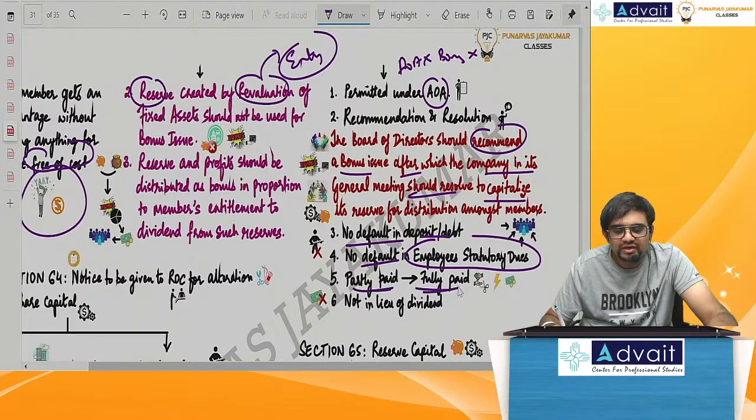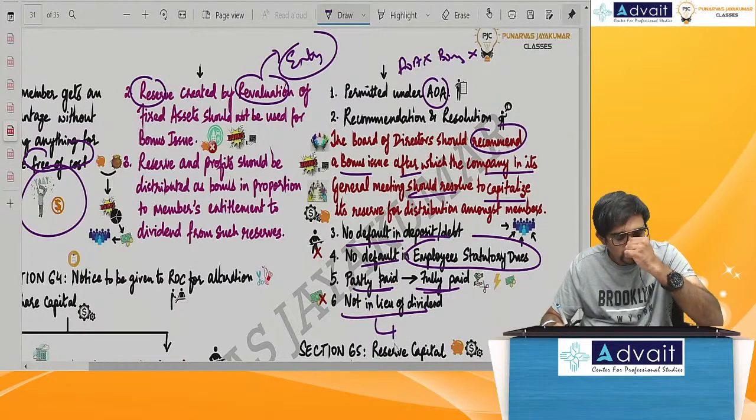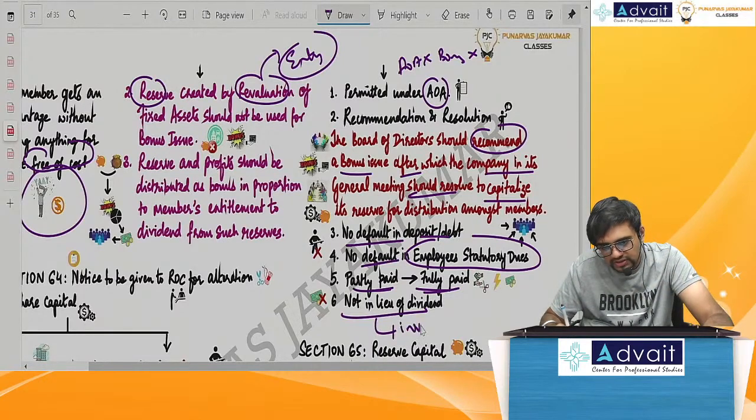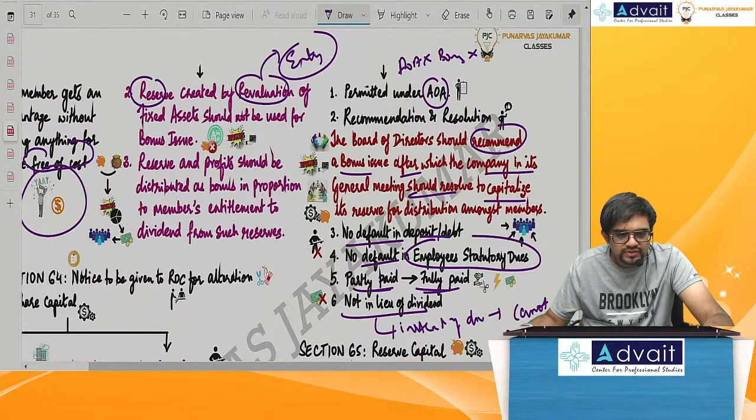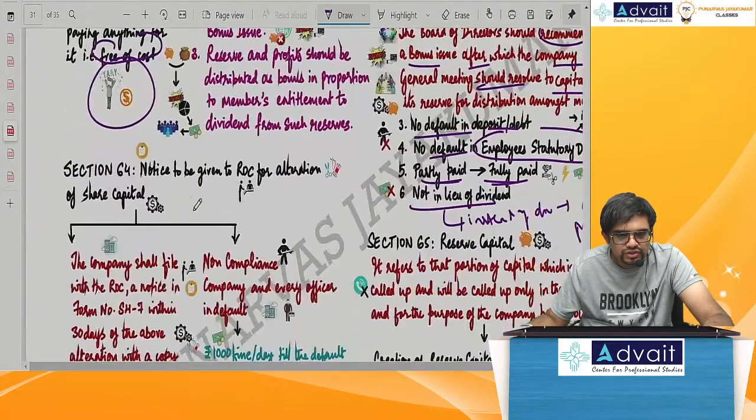Partly paid up shares should be converted to fully paid. And you cannot pay bonus shares in lieu of dividend. Means instead of dividend, I cannot pay bonus. That is with respect to section 63.